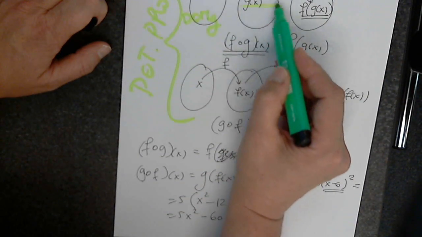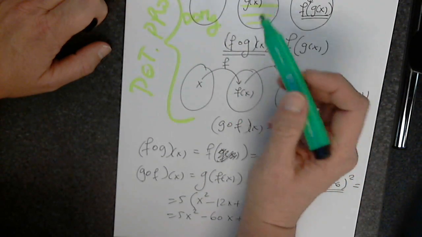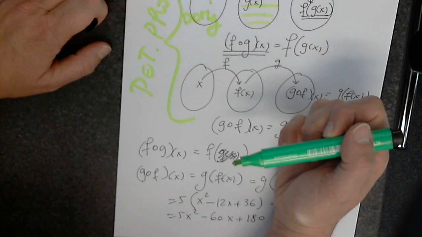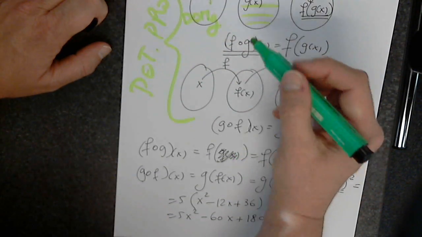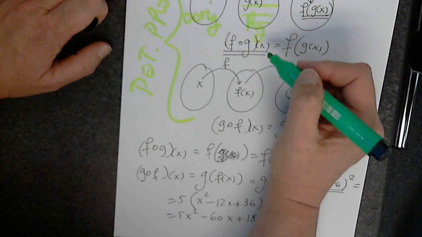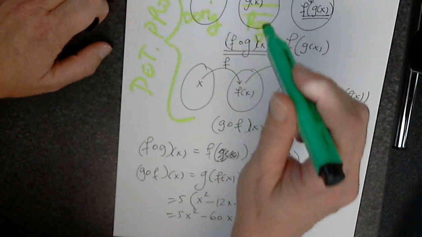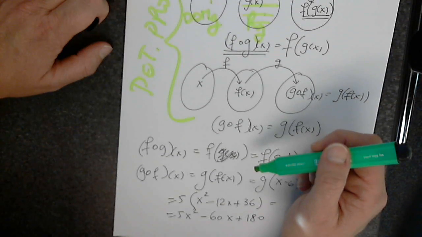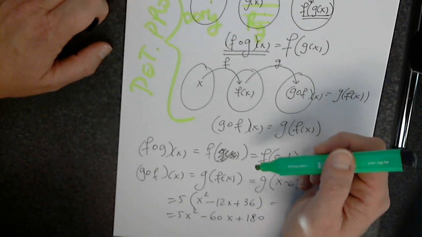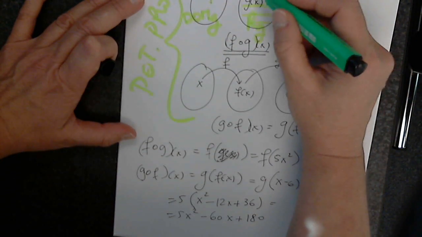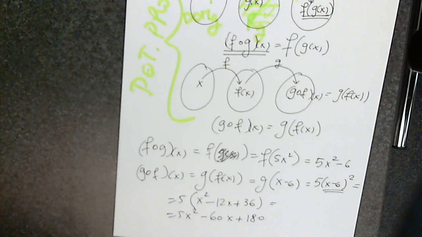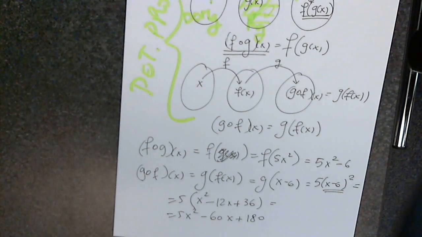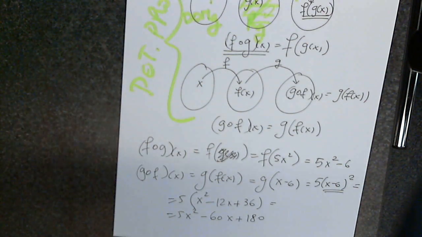What does this represent for G? If this is its domain, what is this? Of course. So this is the range of G. However, this identical set must be the domain of F. So this is also the domain of F. But what happens if G gives me negative 5, but I cannot apply F to negative 5.